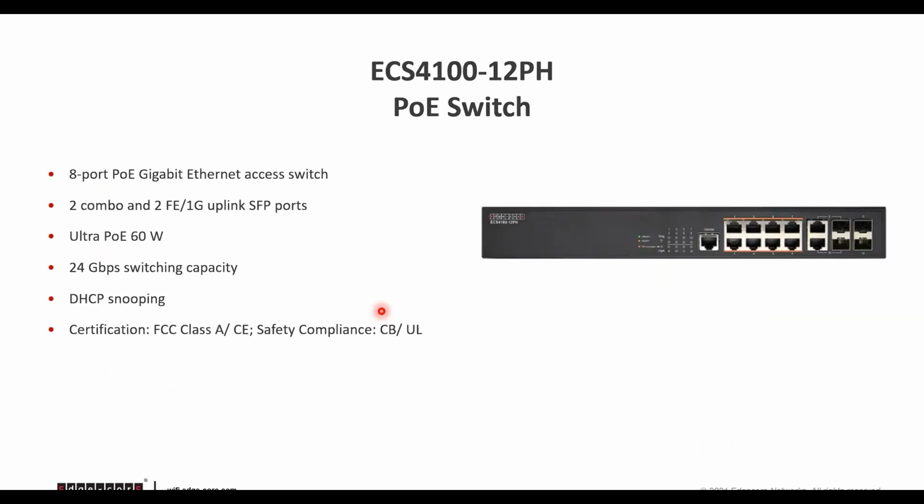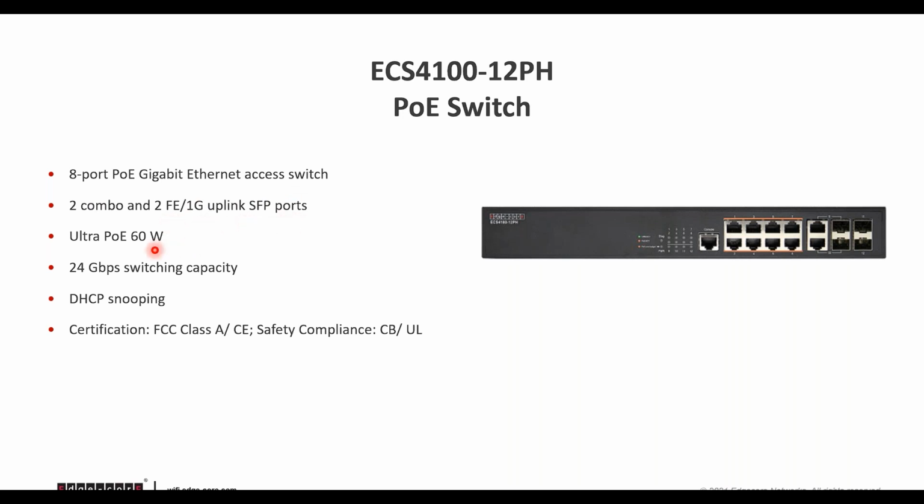Okay, for Edgecore, even though this is open Wi-Fi, actually we are the first one to contribute the PoE switch as well, also with open source OpenWiFi supported by the TIP. This one is the 8 gigabit Ethernet PoE switch, with 2 combo and 2 fast Ethernet or 1 gig uplink SFP port.